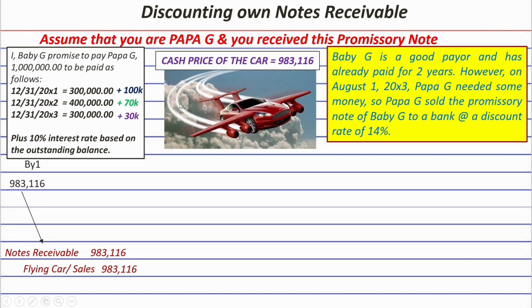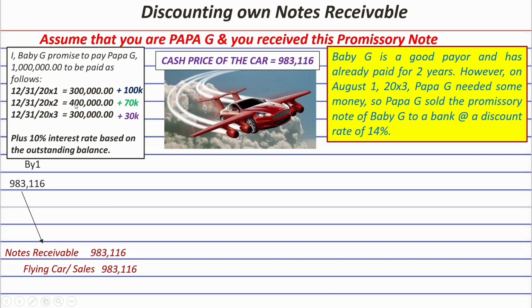And actually, because this cash price is different from the face amount of 1 million here in the promissory note, the effective rate is not this 10%. So, you need to interpolate and find the rate that if you use it in discounting these payments here, it will equal to 983,116.